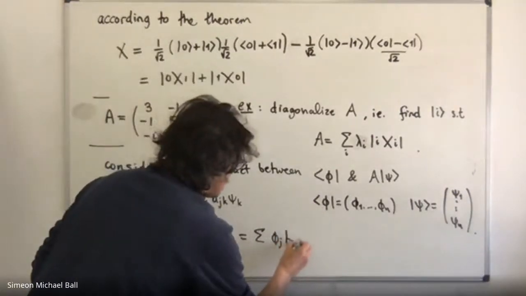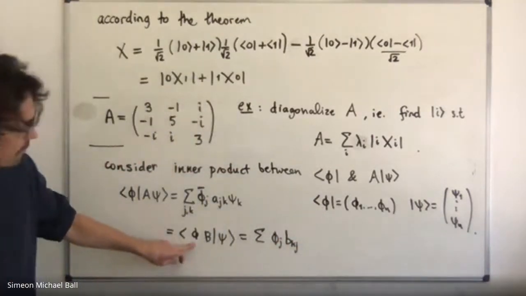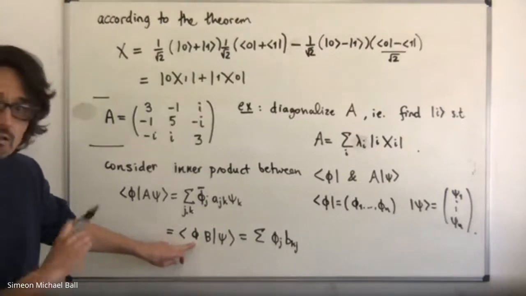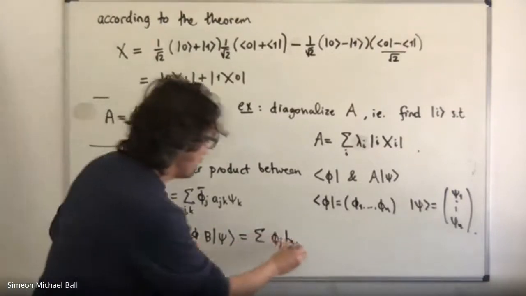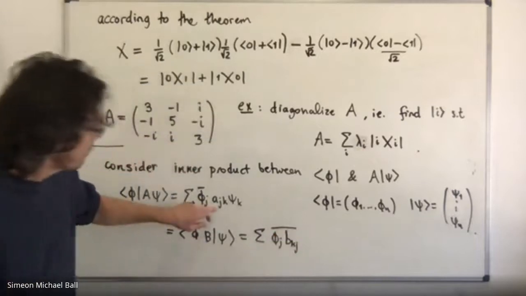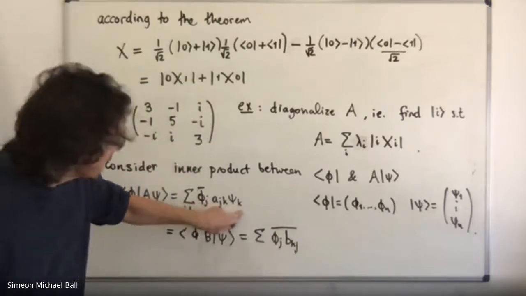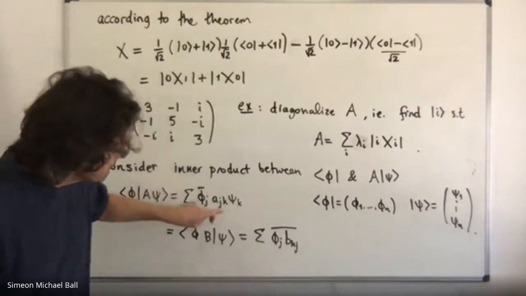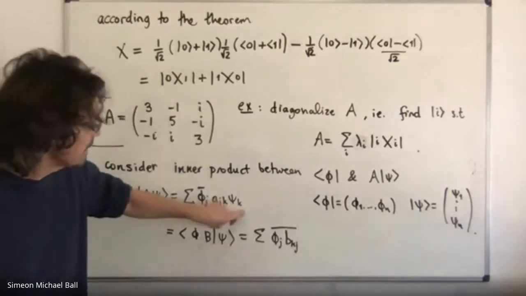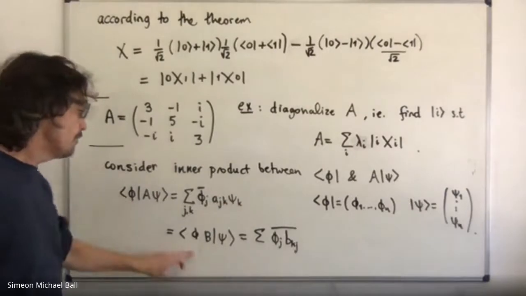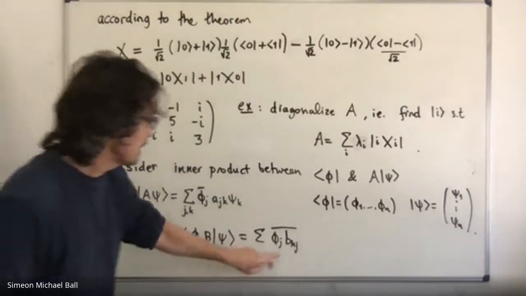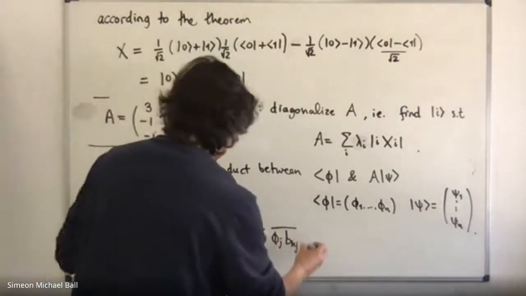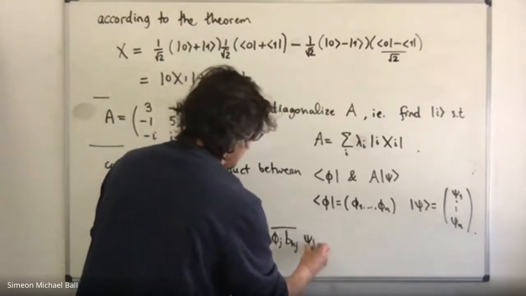So remember that this is now a row vector being multiplied on the other side by b. So it would be the b_kj. So when you've got a matrix times a column vector, it's jk, and when it's a row vector times a matrix, then it's kj. So it'd be this times k.